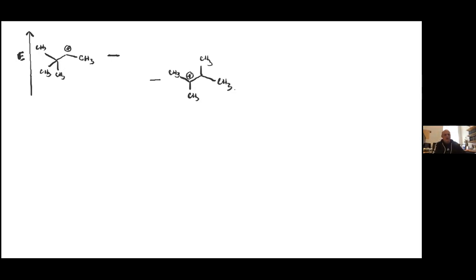And then, despite the high energy of the cation, there's going to be a barrier, but it's going to be very small. That barrier corresponds to the transition state.